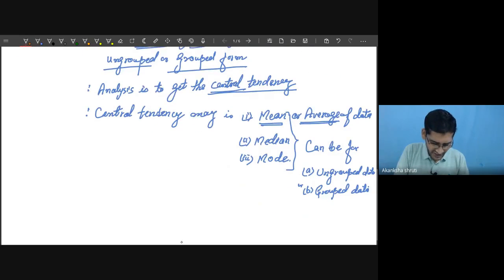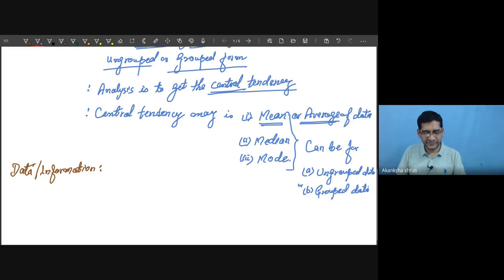So how is this data or information collected for the analysis? Any data that we are collecting for the analysis is called the raw data.